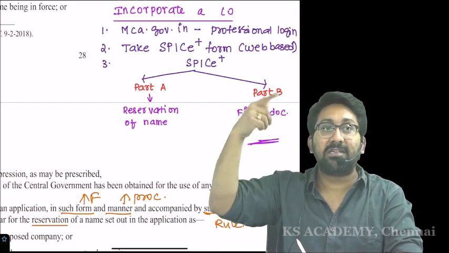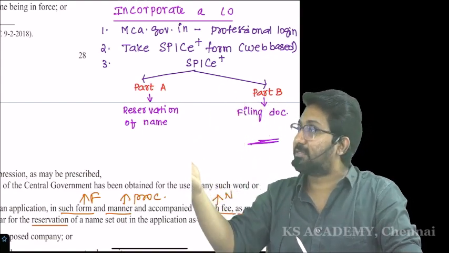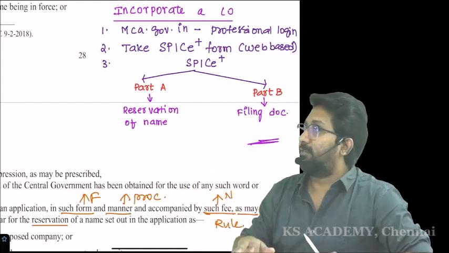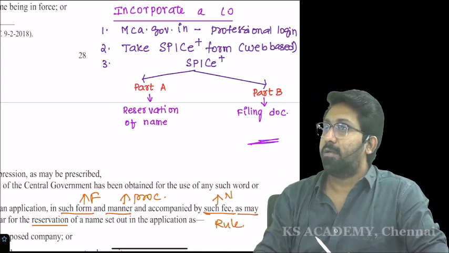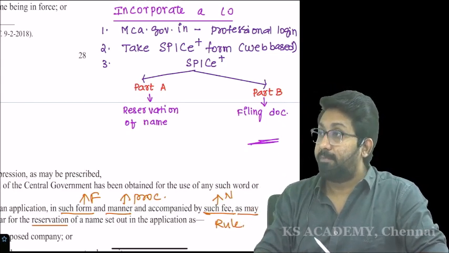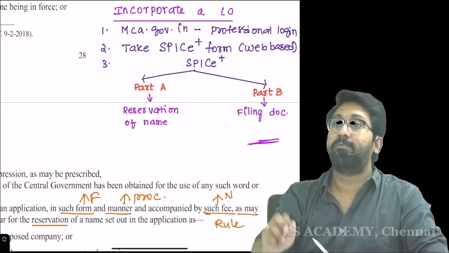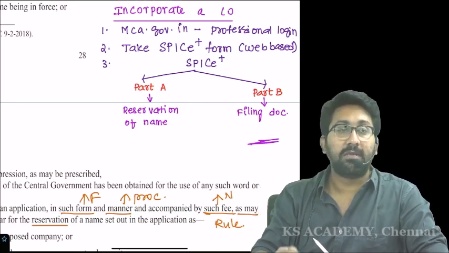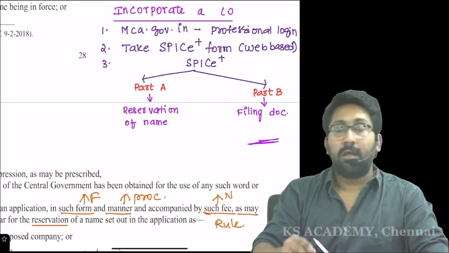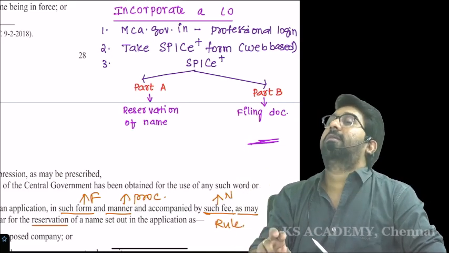Now could you imagine how it will be working, everyone in the class? So tell me, first we are discussing what? Reservation of a name. Can we reserve directly? No. First we need to take which form? Spice Plus. How many parts are there?